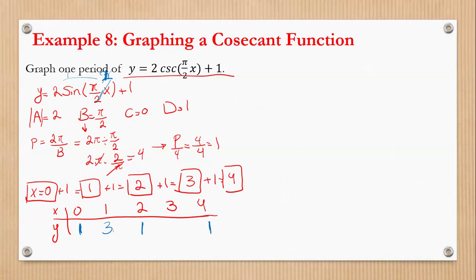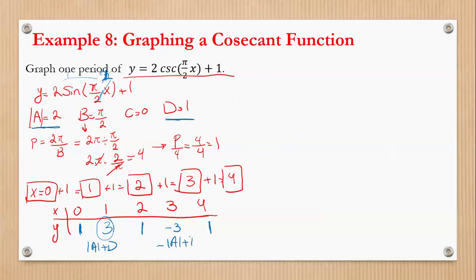And 3 is how much we go up for the maximum point, because we have 2 for amplitude and 1 for vertical shift, and 2 plus 1 means the function goes up to 3. The maximum is a plus d and the minimum is negative a plus d.